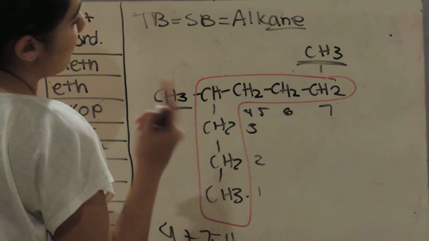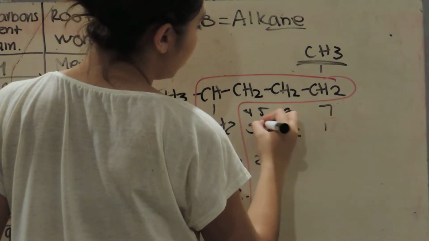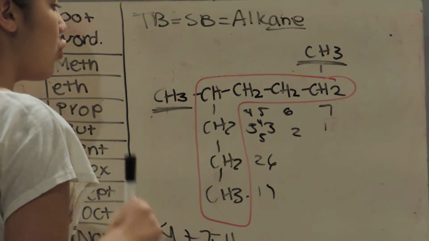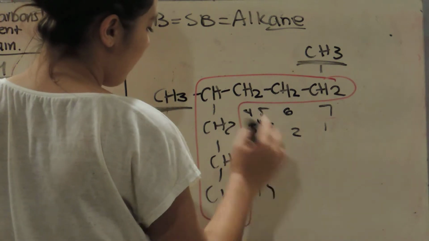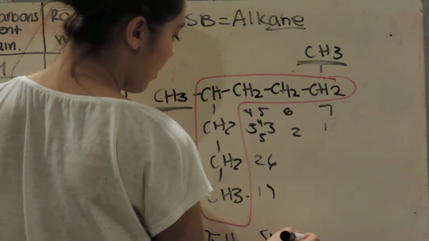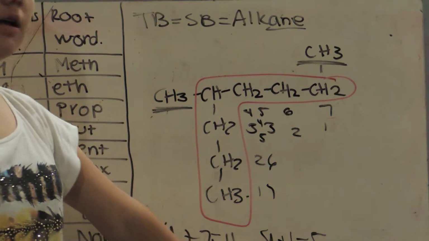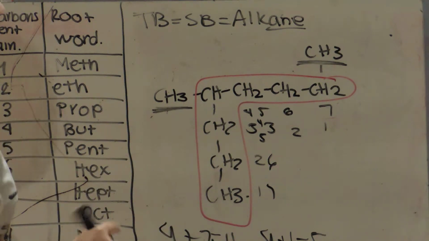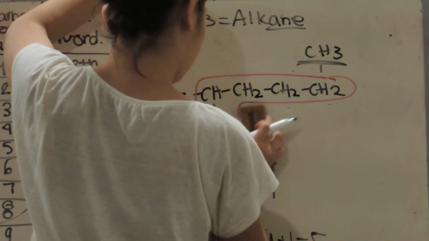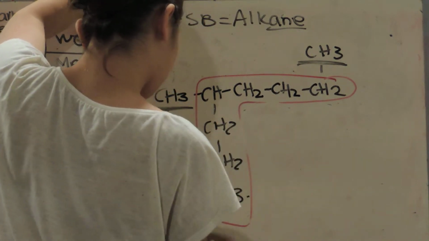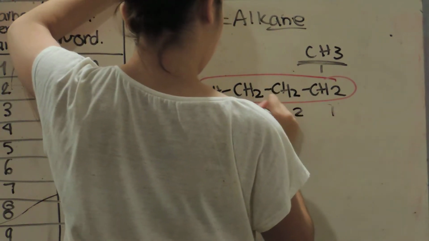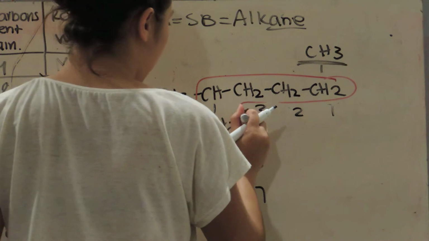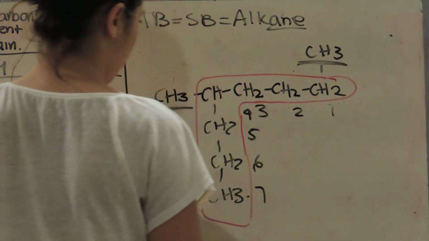If we start numbering from right to left, we will have 1 in number 4 and 1 in number 1. That gives me 4 plus 1, 5. So we will start numbering from right to left. Once we number each carbon, we can continue with the alkyl groups.